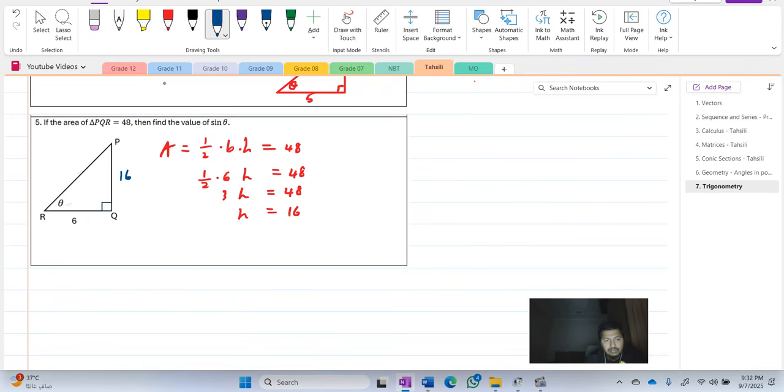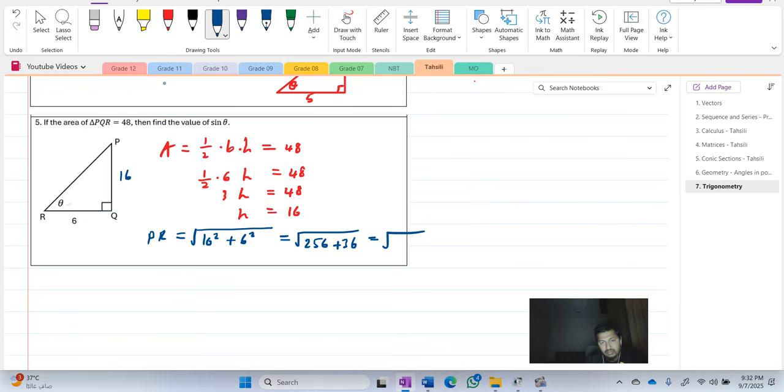Now because we have 16 and 6, if you're dividing by 2, you're going to get 3 and 8. 3 and 8 is not a Pythagorean triple, so to find PR, you have to use Pythagoras, which is the square root of 16 squared plus 6 squared. 16 squared is 256. You can check that on the calculator. 6 squared is 36.